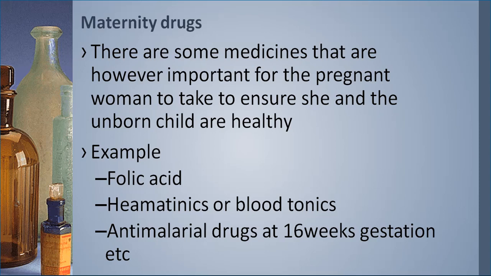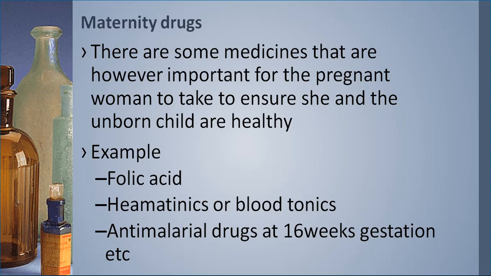Hematinics or blood tonics are important in the later part of the pregnancy, when the baby is growing and needs a lot of iron. In Ghana, we also give pregnant women anti-malarial drugs at 16 weeks of gestation, where the baby has started moving or has quickened, so that they don't get malaria, because malaria can cause a serious problem to pregnant women.